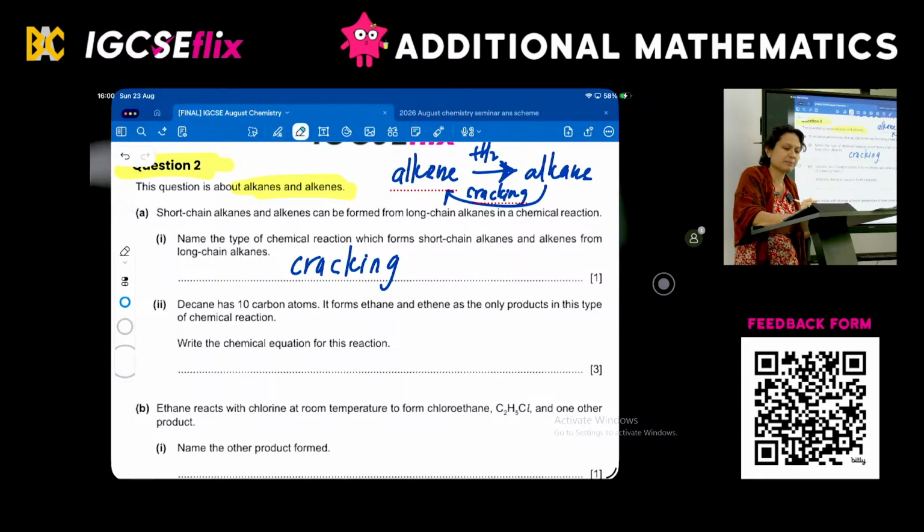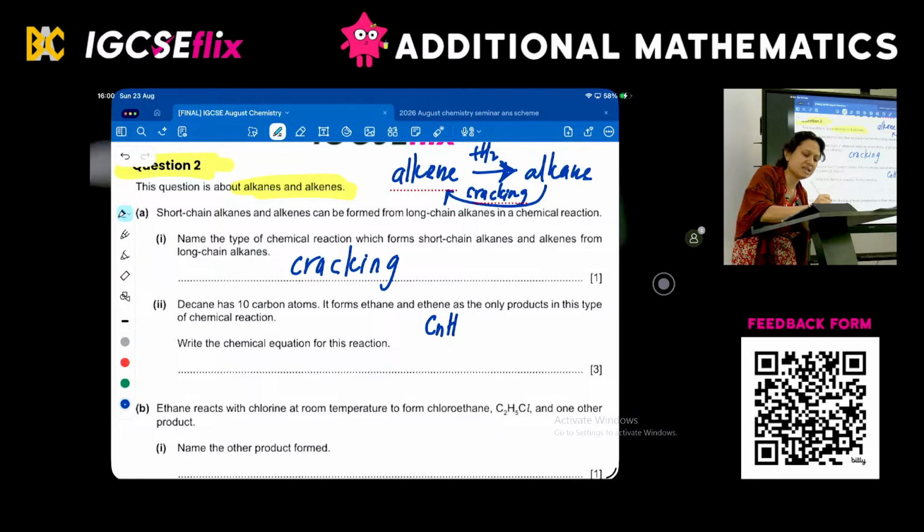Decane has 10 carbons. It forms ethane and ethene as the only products. So remember, decane is an alkane. How do I know it's an alkane? Because it's decane, A-N-E. So CnH2n plus 2, so it would be C10H22.